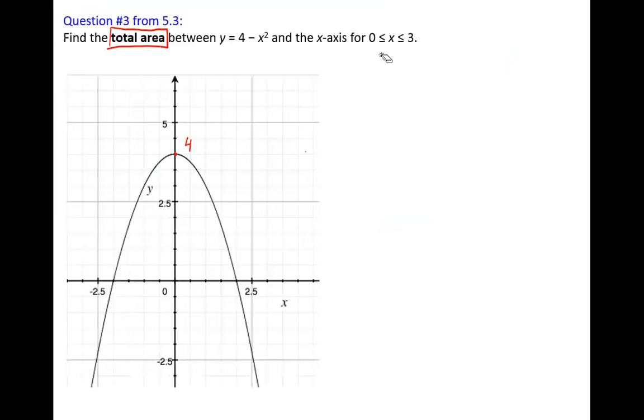Between 0 and 3, that means the total area between the curve and the x-axis. This is the x-axis. Let's do the proper settings. I don't know if we can nicely get the value, but we will try. And between 0 and 3.